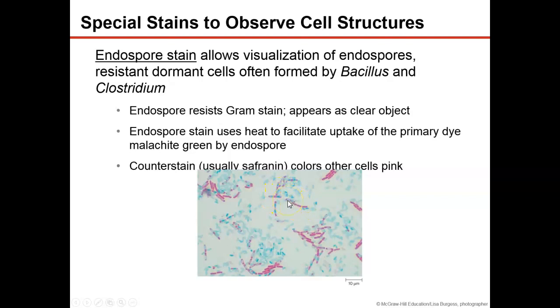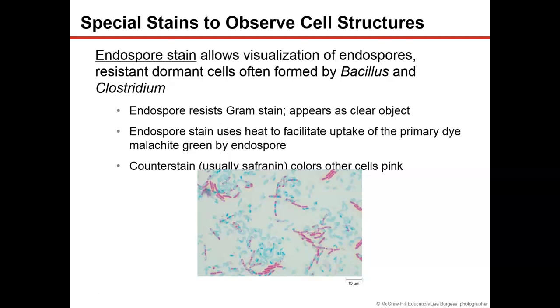So with an endospore stain, we're going to steam the slide with the initial stain, again. The initial stain is known as malachite green. Malachite green stains endospores, and it will sit on the slide for approximately 15 minutes while it's steaming to get the malachite green to set into those endospores.